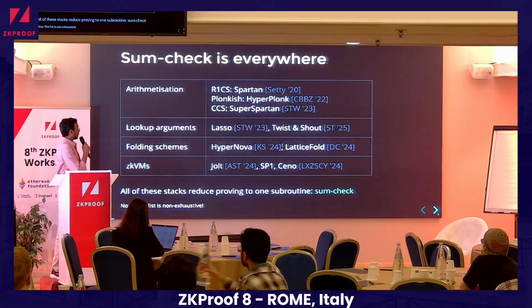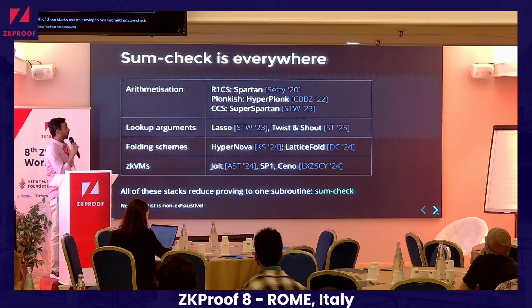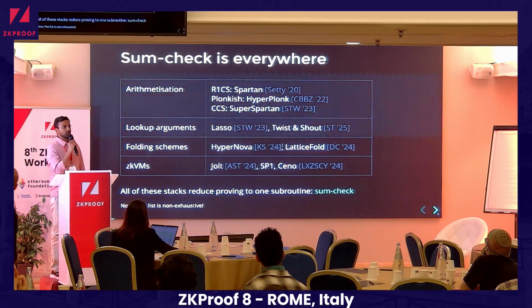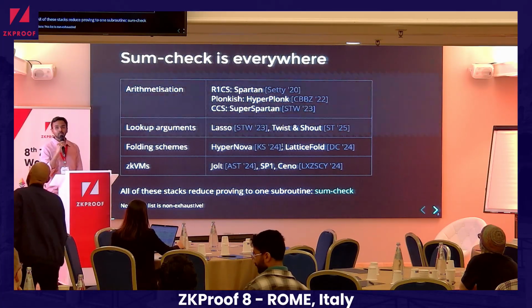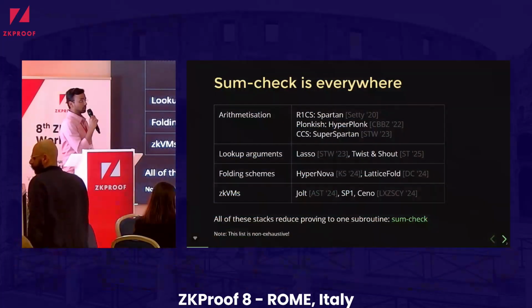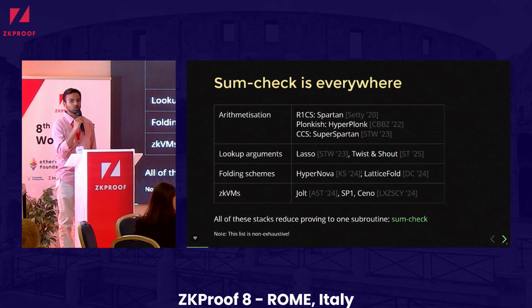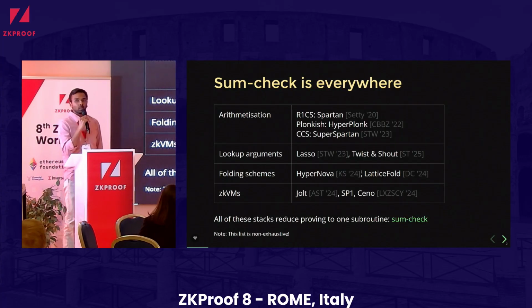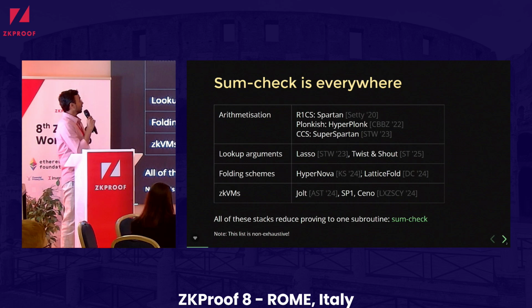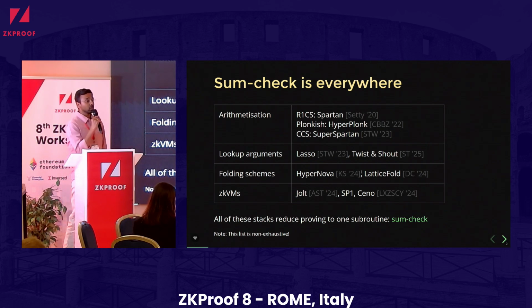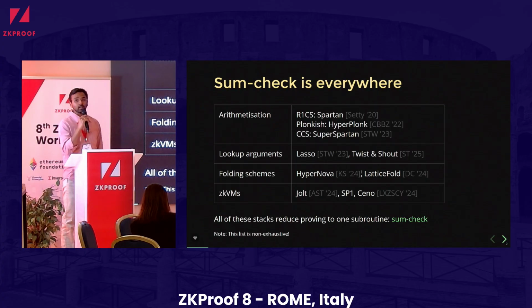I'm Suyash, and I'll be talking about some of the engineering optimizations that we did to sum check, specifically to Jolt, but it also applies more generally. I think Anubhav already covered this point that sum check is appearing everywhere, be it arithmetization, lookup arguments, folding schemes, ZKVMs.